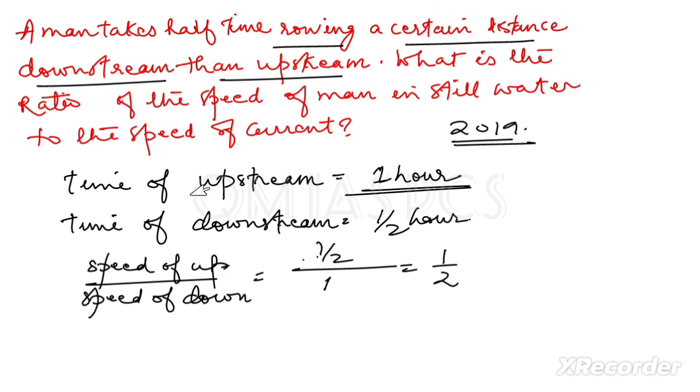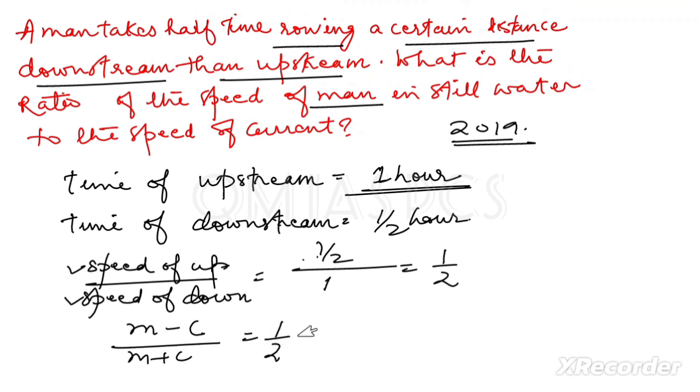But understand one thing, this is the relative speed of that man and that current, that stream. So for up we can write m minus c, where c is the stream. Are you getting my point? Speed of upstream will be subtracted, so m minus c, and here is m plus c, and that is 1 by 2.